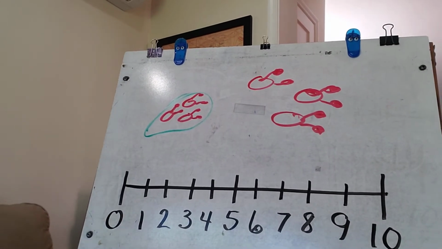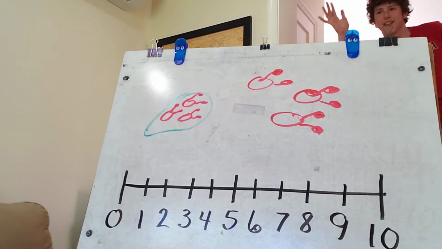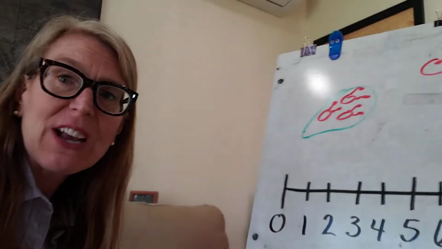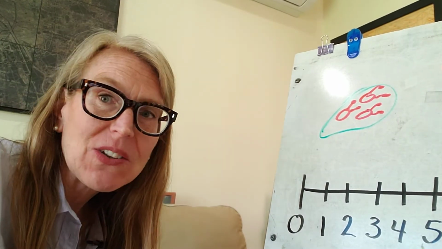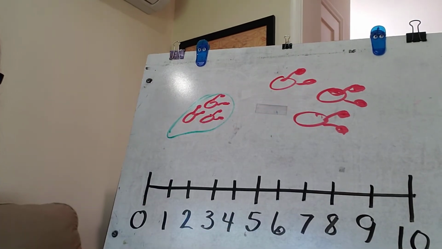Okay. All right. So just like when we did addition, I start with my first number. My first number in my subtraction story is going to be how many I have all together. So how many ladybugs do I have at the beginning of my story?